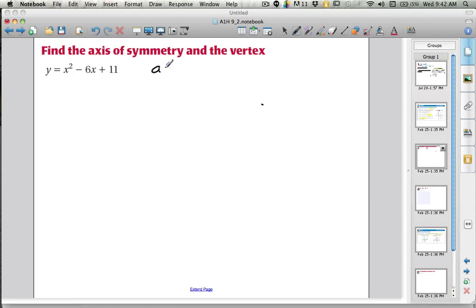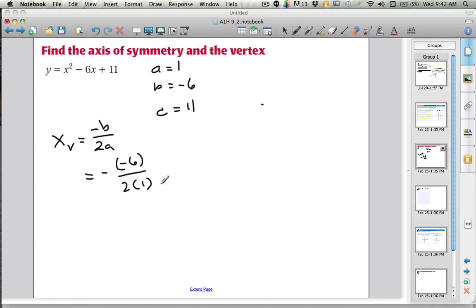So in this case, a is equal to 1, b is equal to -6, and c is equal to 11. And for me to find the vertex, and I'm going to do that first, the x-coordinate of the vertex is the opposite of b over 2 times a. Well, that's going to be the opposite of -6 over 2 times 1. So negative times negative becomes positive, and 6 divided by 2 is 3.